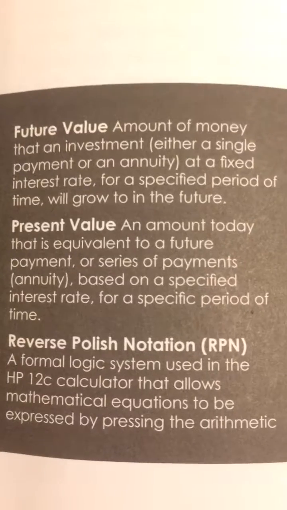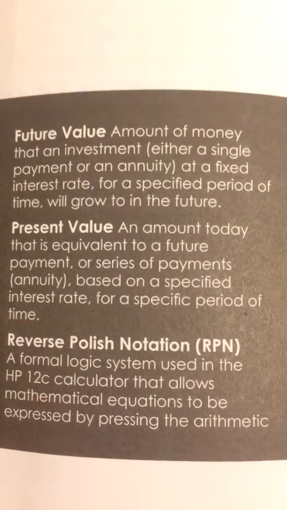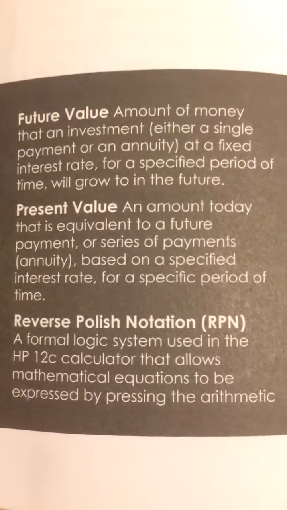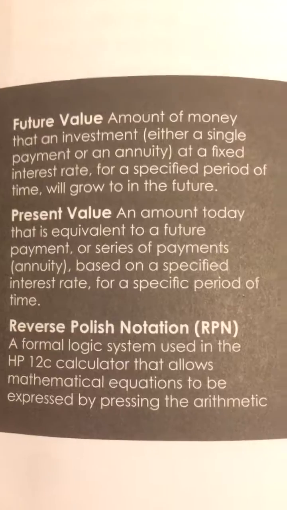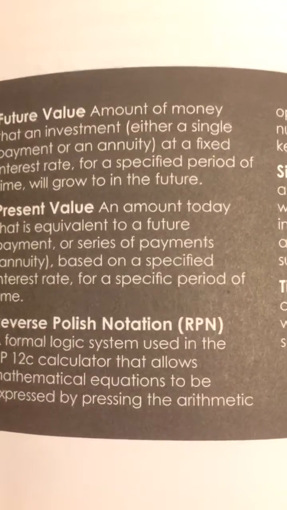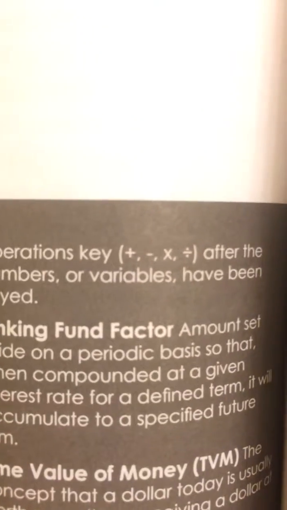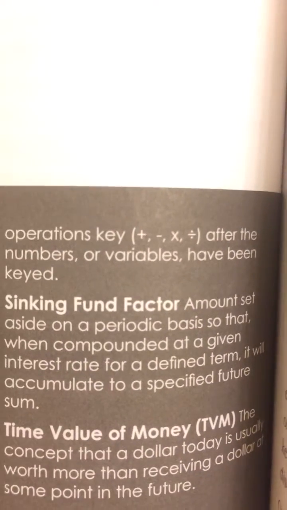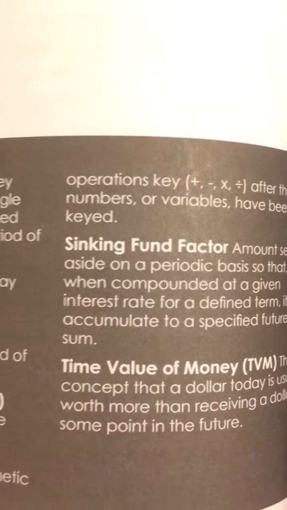Reverse Polish notation, RPN, a formal logic system used in the HP12C calculator that allows mathematical equations to be expressed by pressing the arithmetic operations key, plus, minus, multiply, divide, after the numbers or variables have been keyed.